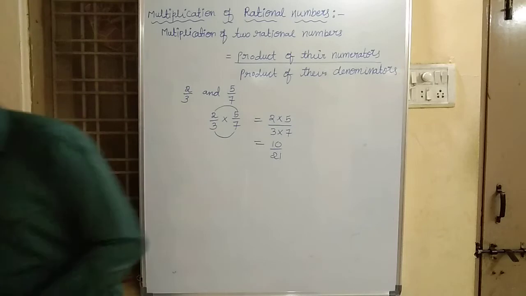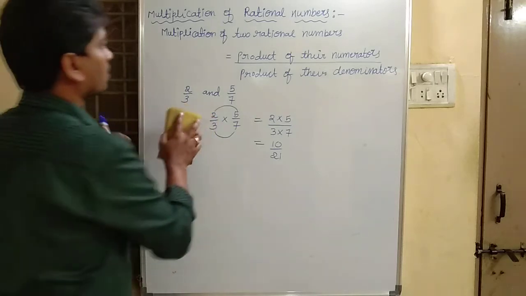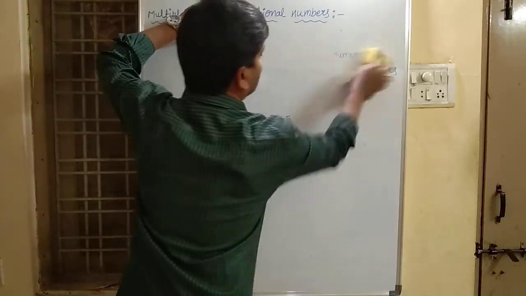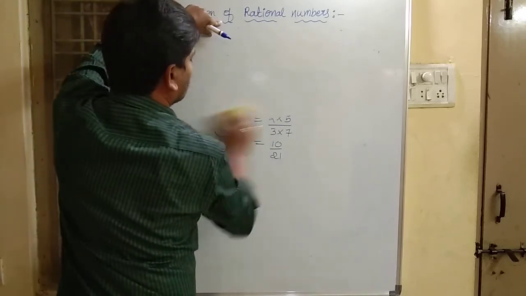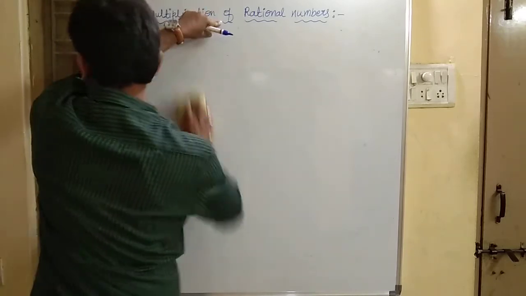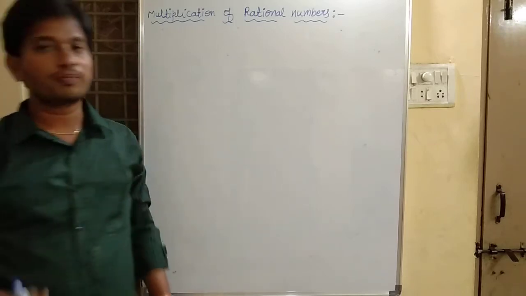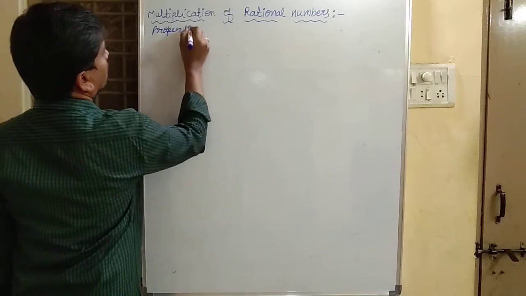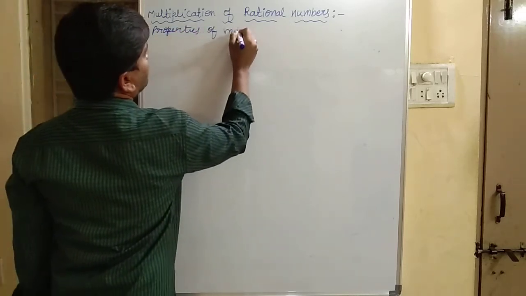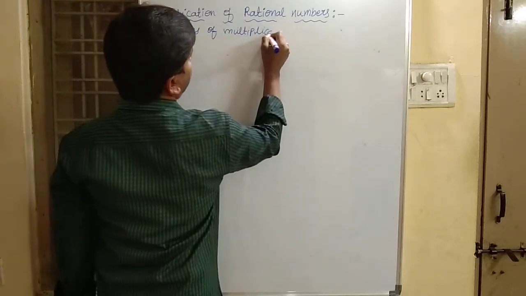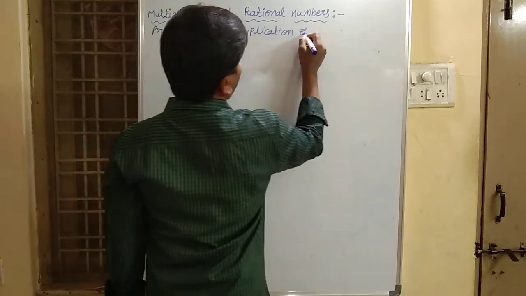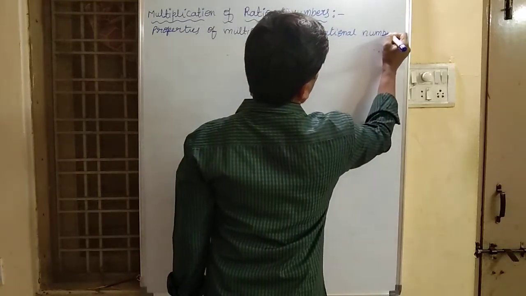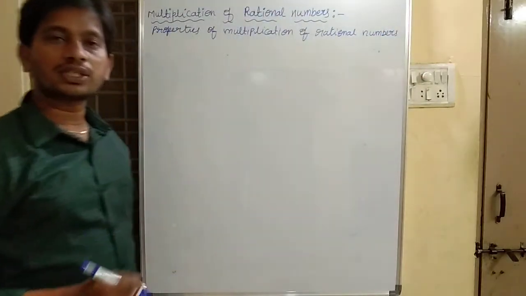Okay, now let us discuss properties of multiplication of rational numbers.